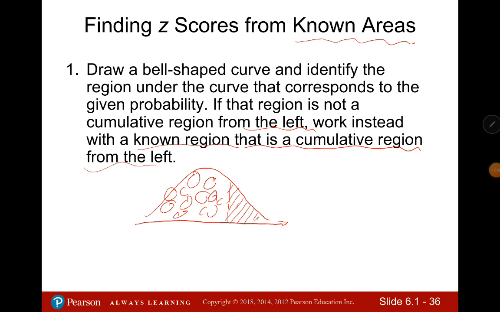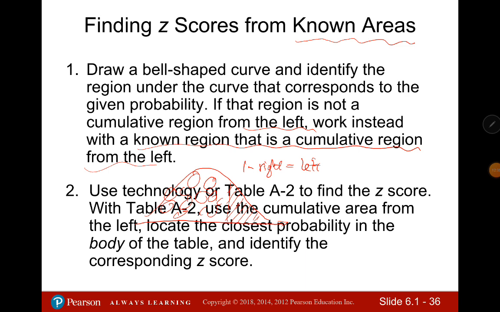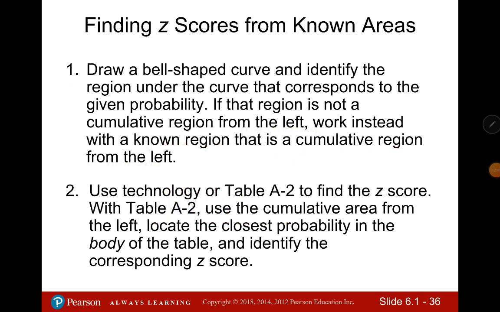If we know the area to the right, we should use 1 minus the right side area to get the left side area. Then we can use this left side area to check the table to find the corresponding z-score. So basically, we need to find the area cumulative to the left, then use that left side area to find the corresponding z-score. So we can use the z-table or use technology to help us.